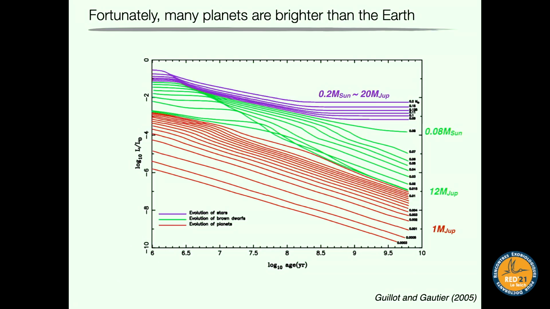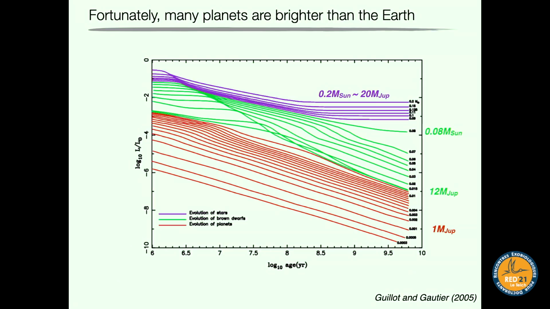Each curve is an object of a different mass, divided by the luminosity of the sun. And the bottom axis is time. So you get from very early ages at the left, and then you get to the age of the solar system to the right. And the curves that you have at the top are from very low mass stars in blue. So the upper curve is about 0.2 solar mass, so 20% of the mass of the sun.